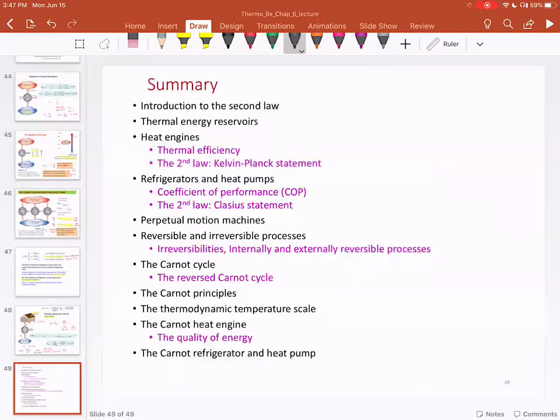and I'm planning on working out a few more problems on heat pumps and the second law, because the latest homework that I have assigned deals with solving heat pump, refrigerator and Carnot cycle problems. But my suggestion to you all would be to try to solve those problems on your own.